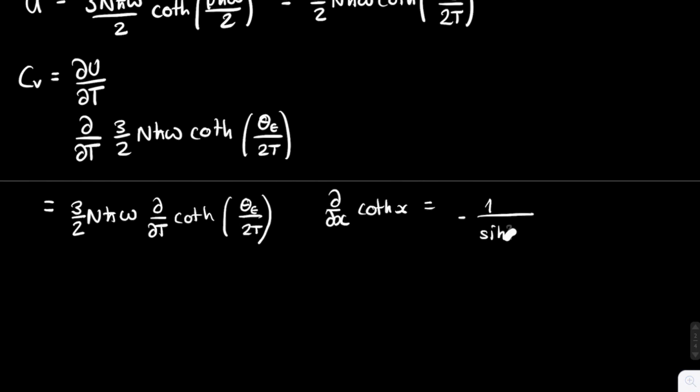I can't even spell sinh. So that's what we're going to be using: the derivative with respect to x of coth x is minus 1 over sinh squared x.